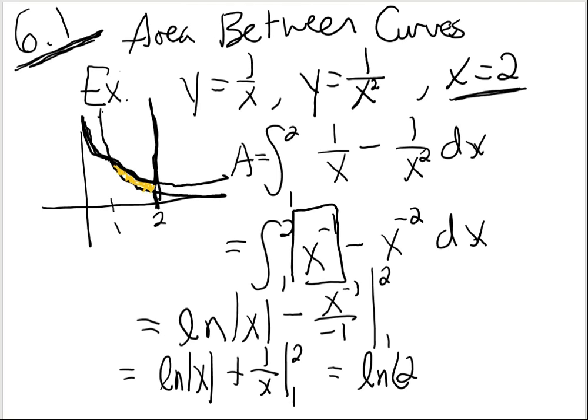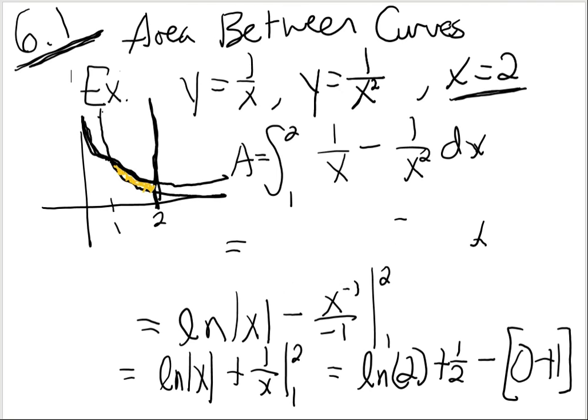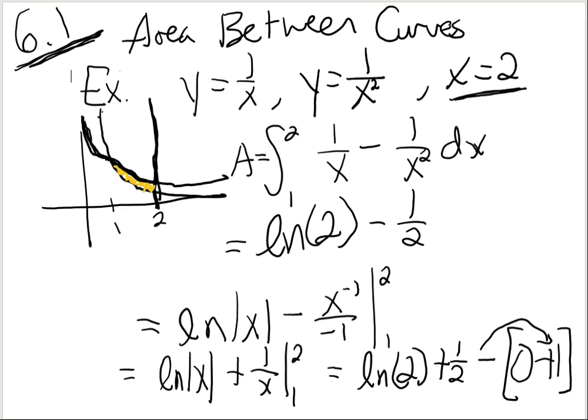Natural log of 2 plus 1/2 minus natural log of 1 is 0 plus 1. Or, as a final answer, the area is going to be the natural log of 2 minus 1/2. You have to distribute that negative. And that's just some number. It's not a pretty number, but it is a number.